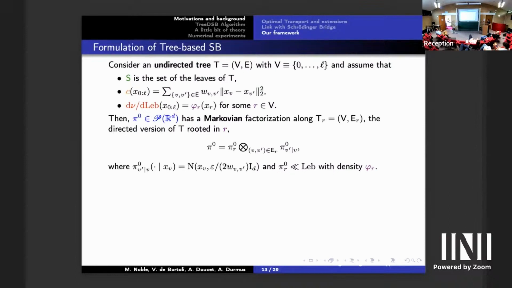So this is conditional, following the edges of the tree. And what you have is only this choice of the potential on the node. So you may choose any node in your tree, and you follow with the quadratic cost the Gaussian distribution to every node of the tree, and you just have one choice of how to choose phi r in this setting.